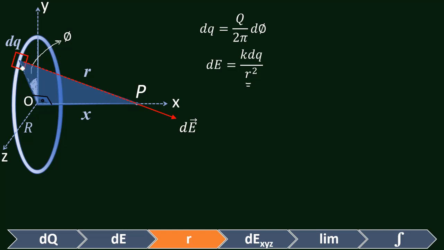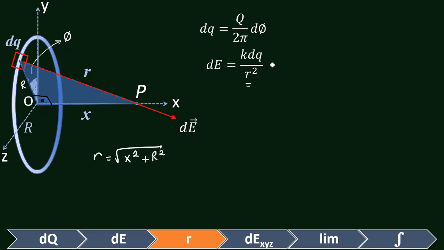Here we have this triangle. It's a right-angled triangle, and we can use that triangle to define r, because it's the hypotenuse in a right-angled triangle. So it's going to be the square root of the sum of squares of the two sides of the triangle. One is x and the other one is this radius R.